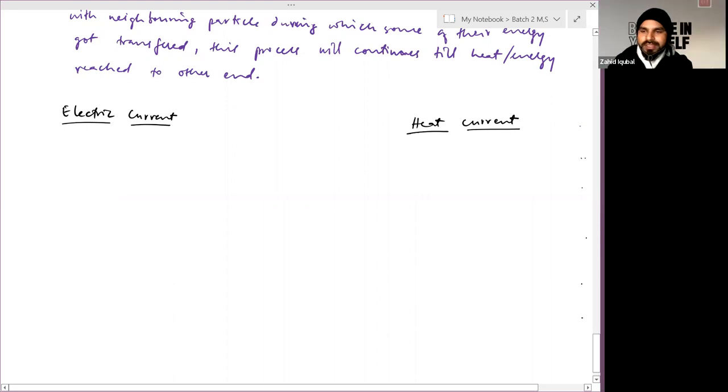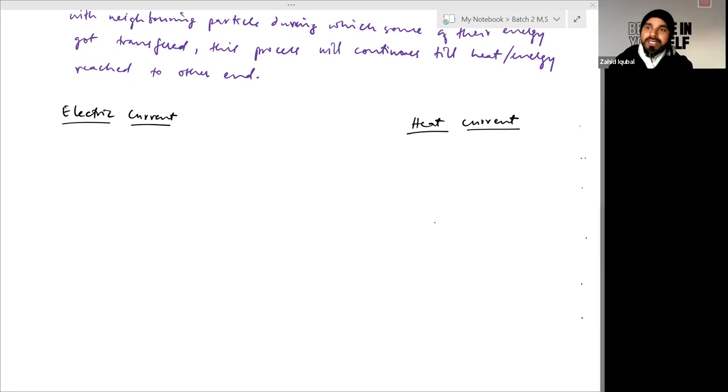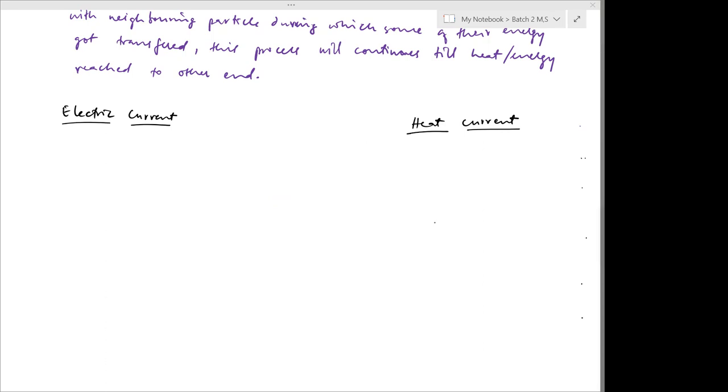So how would it be heat current? Rate of flow of heat. Current means simply flow of any quantity. Whether it is electric charge, it is called electric current; flow of heat is heat current; flow of air is air current; flow of water is water current. Flow of anything through any particular substance is called current. Okay? Okay, sir.